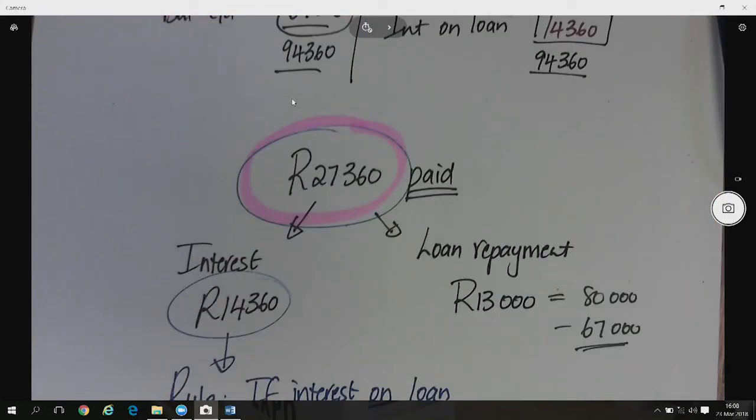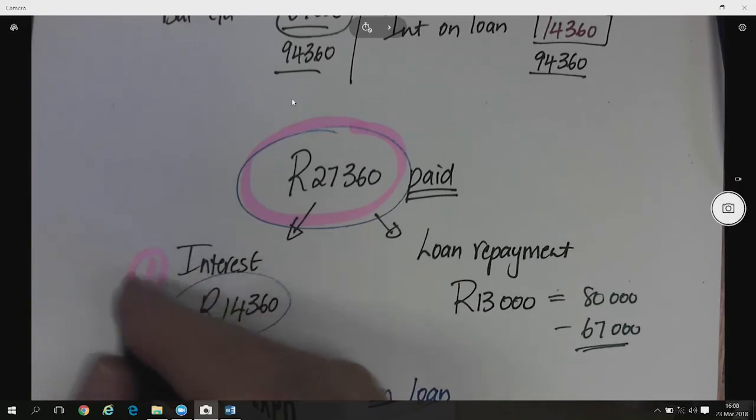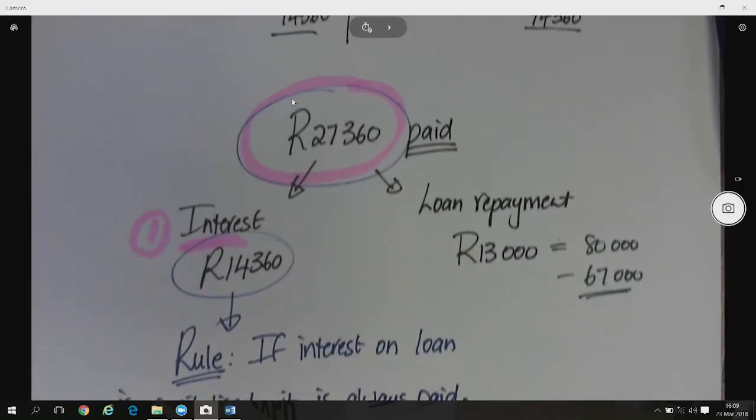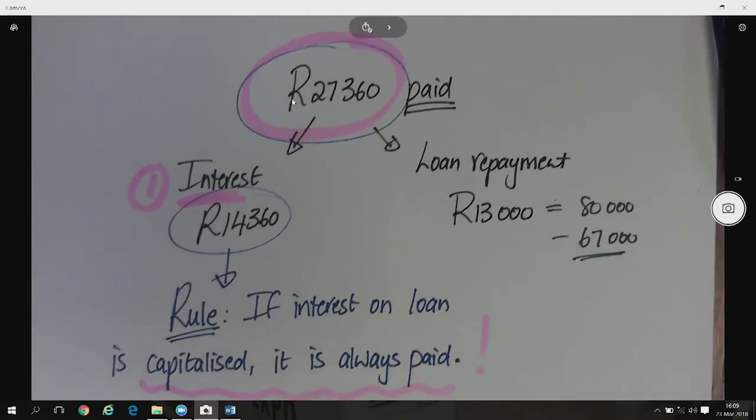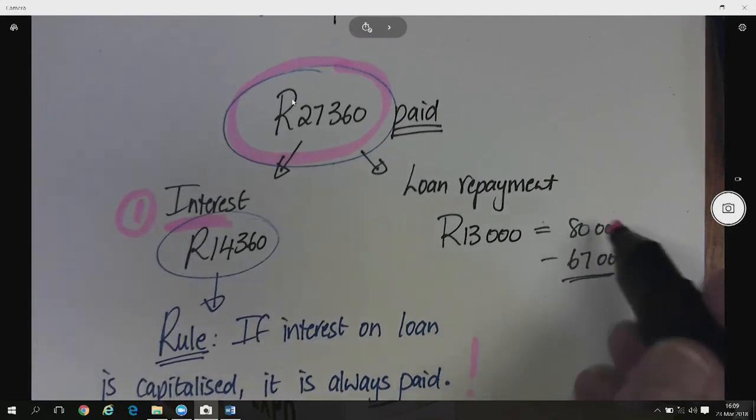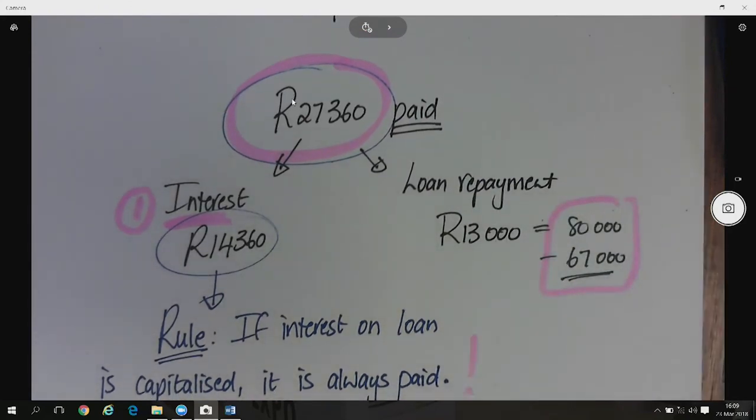You first pay interest. That's why we say if interest on loan is capitalized, it is always paid. And then you pay loan repayments, and that 13,000, you can see that is the difference between 80,000 and 67,000.